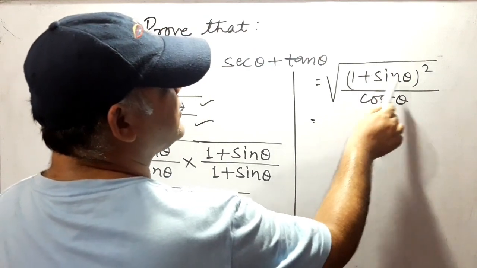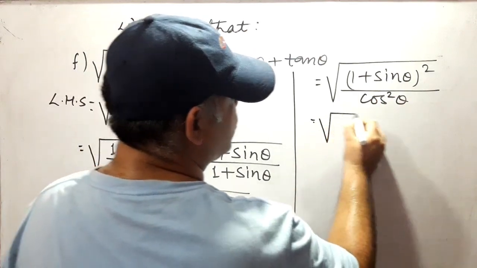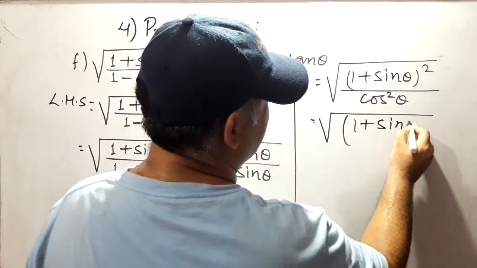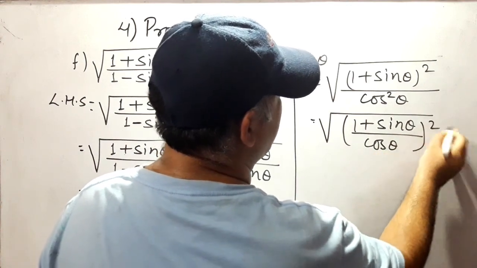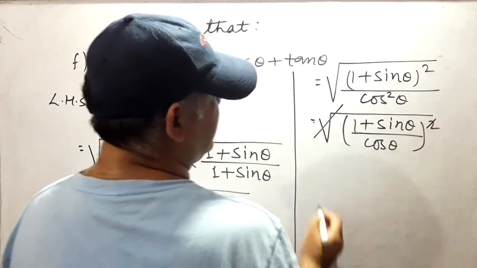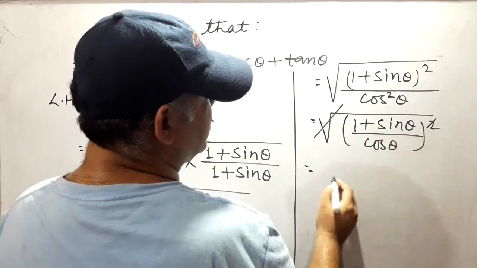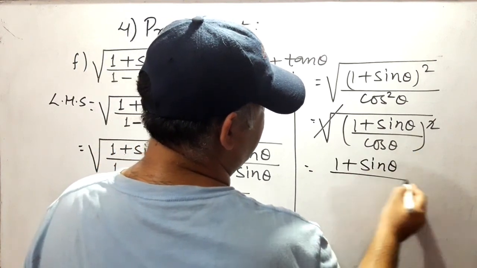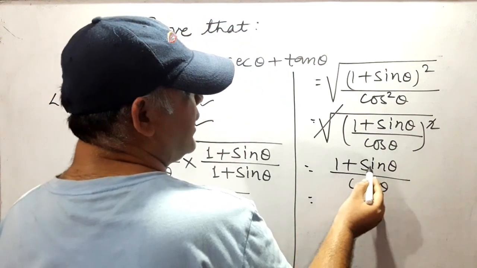Let's keep 1 plus sin theta and cos theta under the same square. So square root of (1 plus sin theta) by cos theta whole square. Now we can cancel this square root and this square. We have the terms left, 1 plus sin theta by cos theta. Let's separate 1 and sin theta.